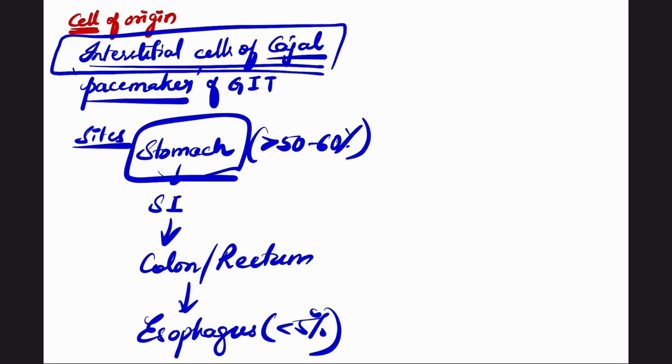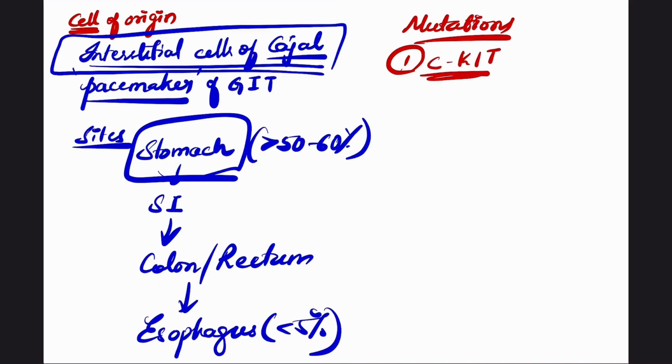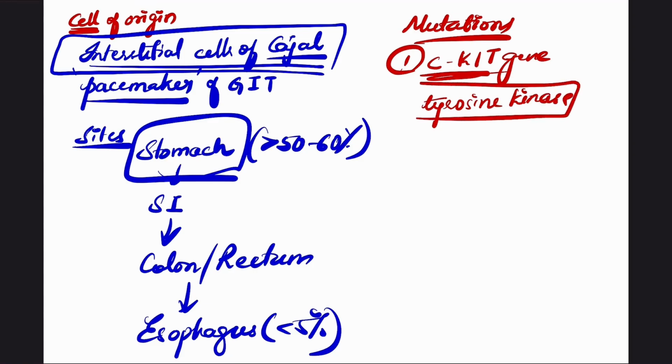I've told you about the mutations. Certain mutations lead to GIST. What are those mutations? The first and most common is the c-KIT gene. It has intrinsic tyrosine kinase activity; it is a tyrosine kinase receptor, meaning it has autophosphorylation activity.